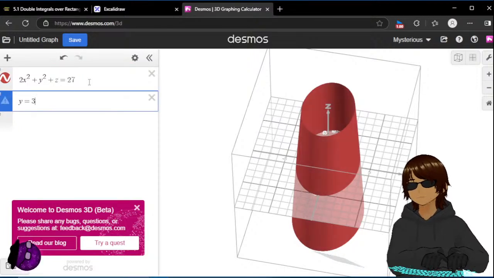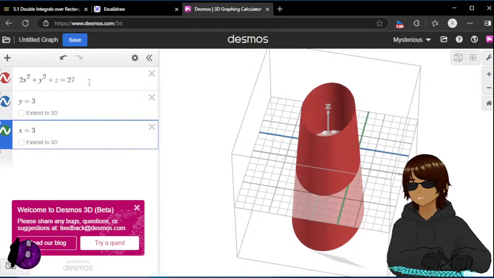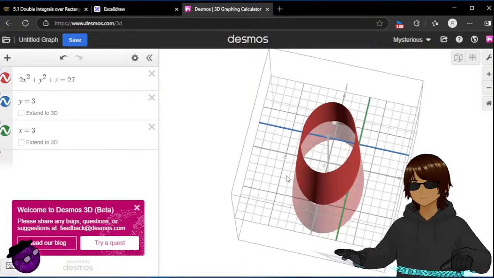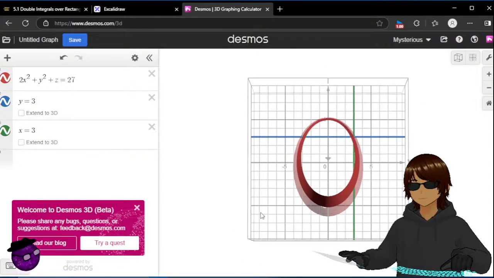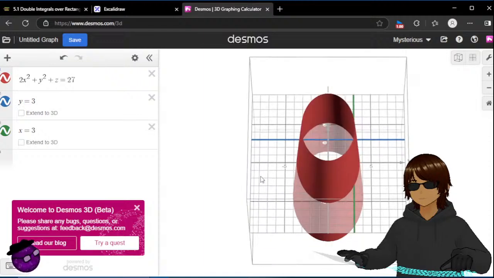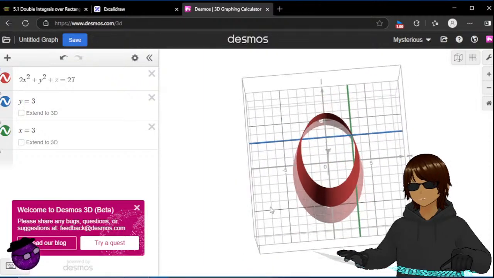Let's do y equals 3 and x equals 3. I don't get what they want me to do.